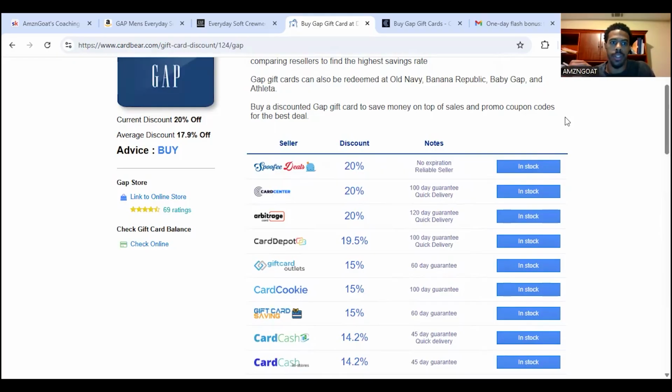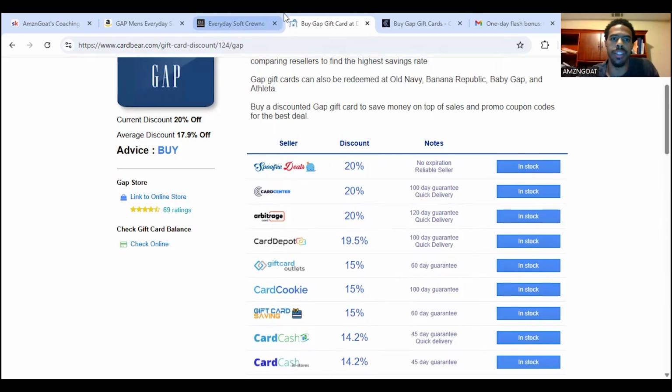And bam, bam, bam, bam. Yes, did I check for coupon codes? Yes, did I check for discounted gift cards? Yes, did I check to see if they have a rewards program? Yes, did I check if I could buy the product in bulk? All these different things should be going on in your mind when you're sourcing.